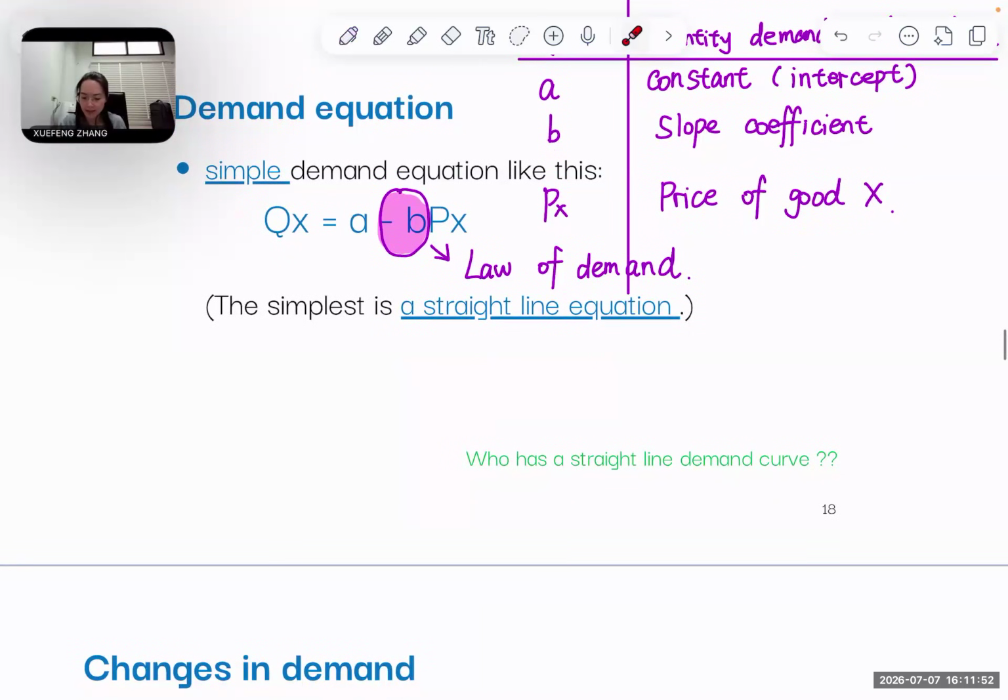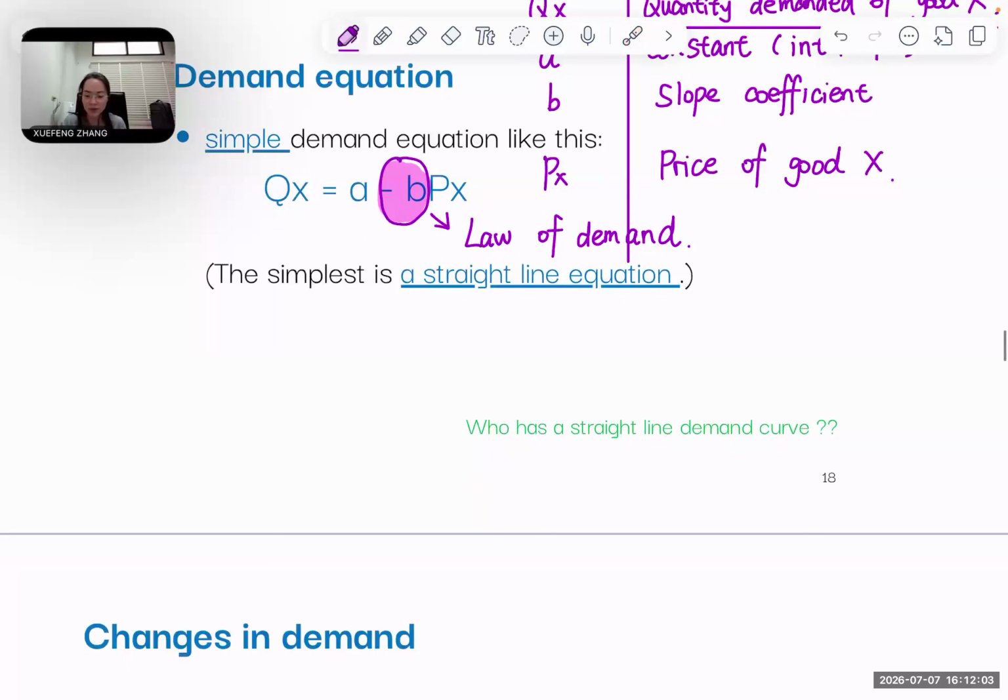Okay, let's take a look at the question here. Quick question for you. Who has a straight line demand curve? Who? So actually, nobody's real world demand is perfectly straight. This is a simplification, a model, because economists use straight lines because they are easy to work with, not because real life is actually linear.